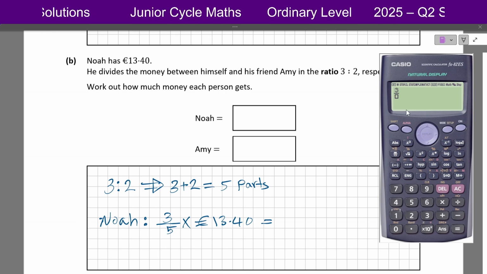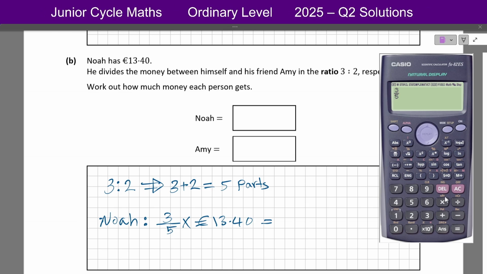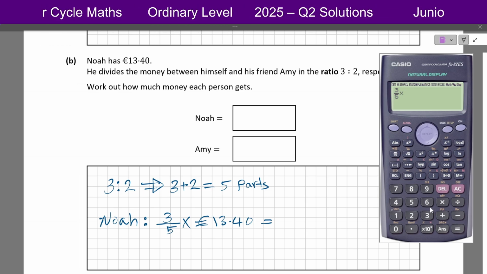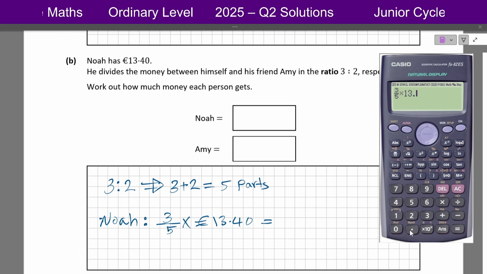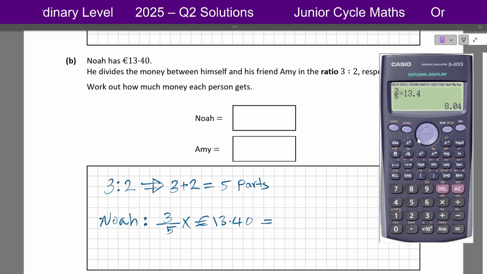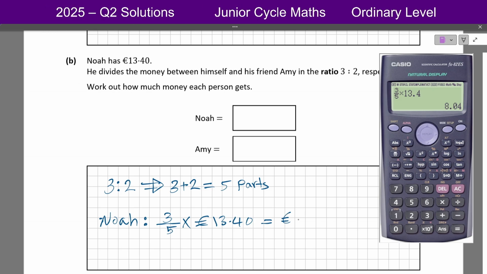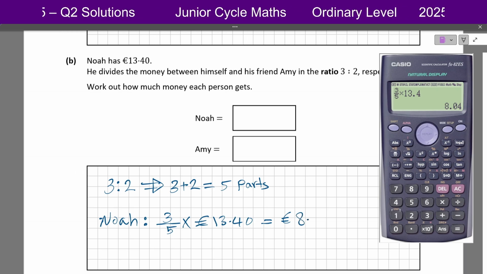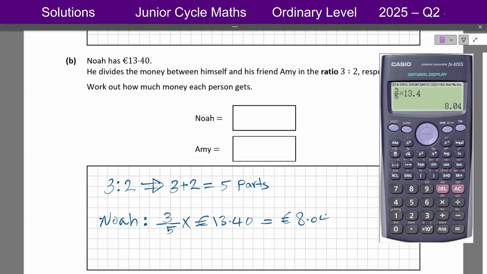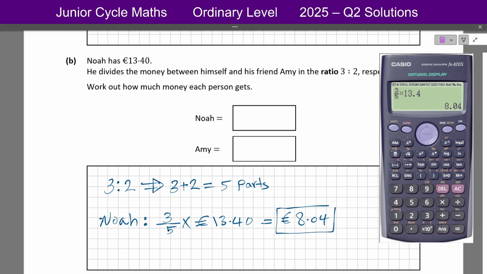We say 3 over 5, then multiply by 13.4. We get the answer in decimal form: 8 euros and 04 cents. So that's the first value.